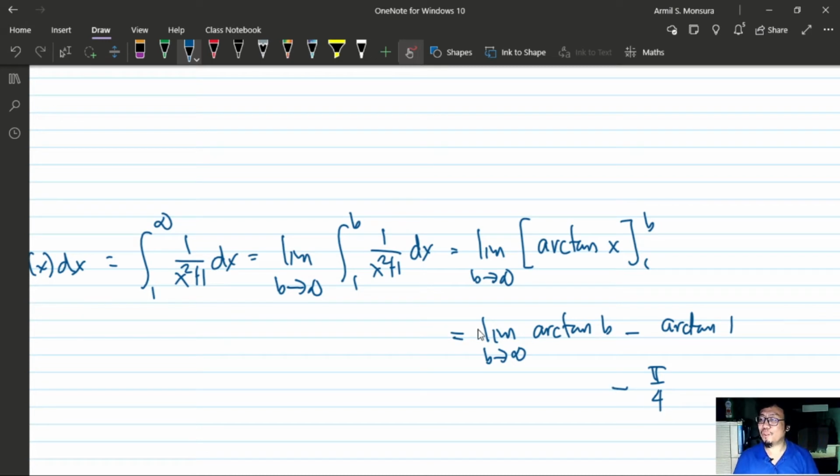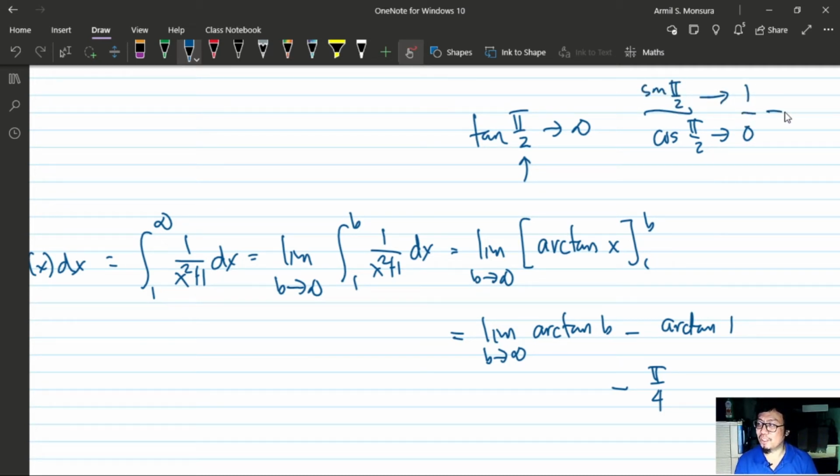But how about the limit of the arctangent of b as b approaches infinity? Remember that your tangent function approaches infinity when this angle is 90 degrees or pi over 2. Remember that cosine of pi over 2 is 0 and sine of pi over 2 is 1, so 1 over 0 approaches infinity.